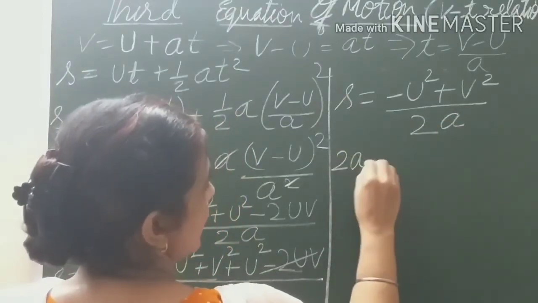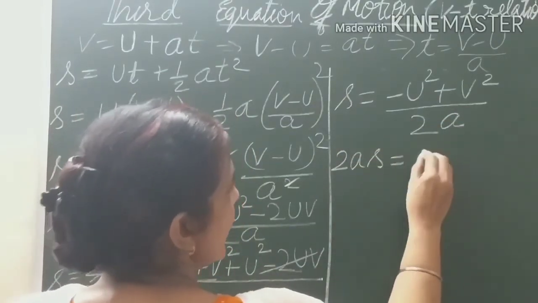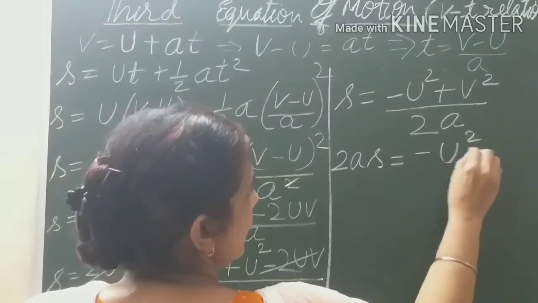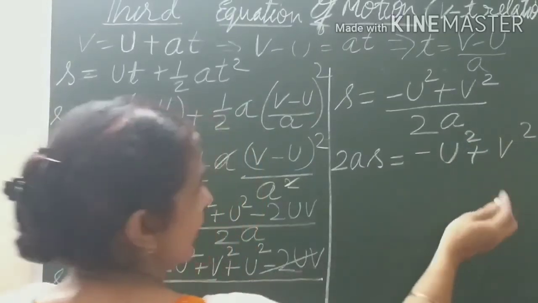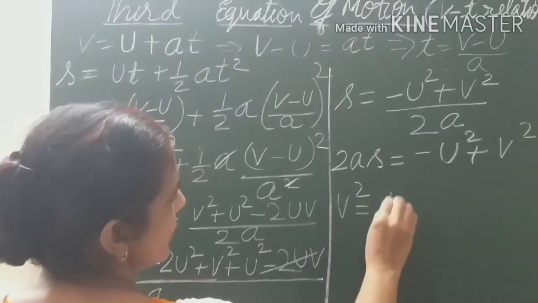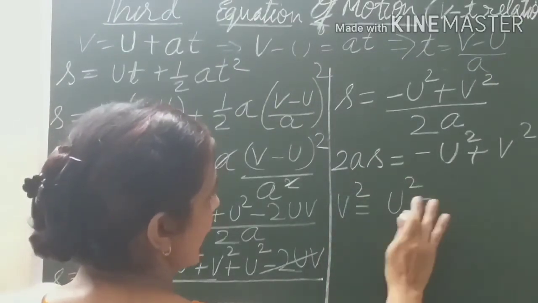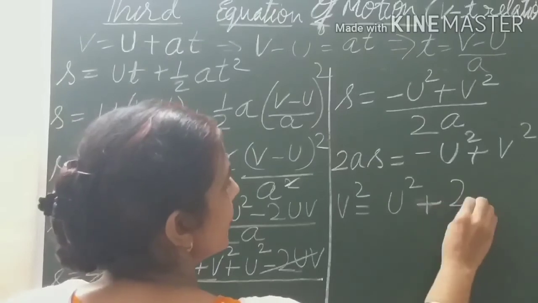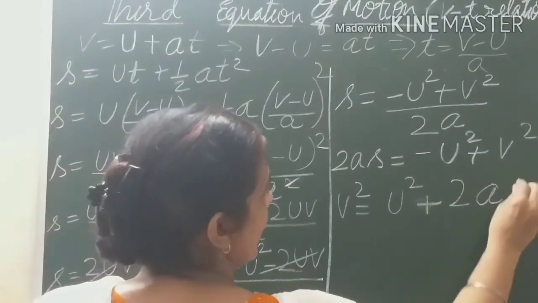इसको further it will be written as 2as is equal to minus u square plus v square, and when we rearrange this, we will get the third equation of motion: v square is equal to u square plus 2as.